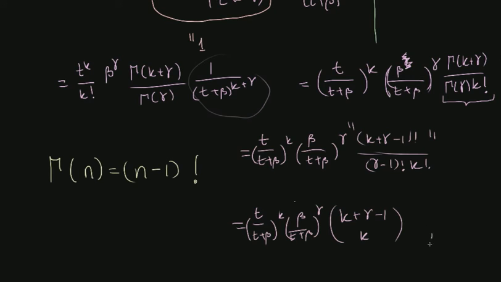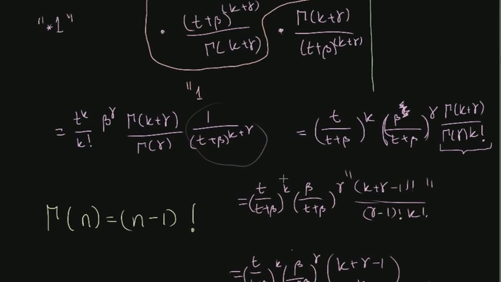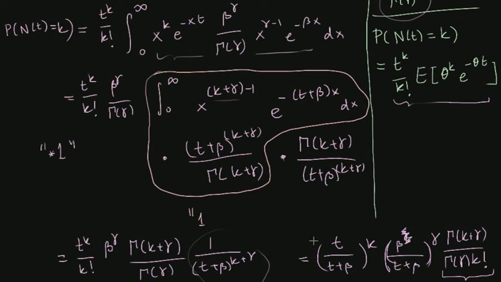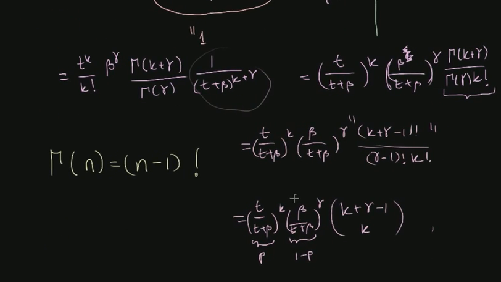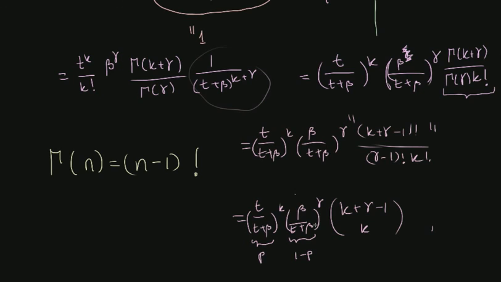And actually now we are done, because this is exactly the individual probabilities that you see in the negative binomial distribution. We can call t over t plus beta p, and then we can call this one 1 minus p, because you can see that they relate to each other that way. And so the answer to the question, why do we call the process a negative binomial process? Well, it's because the claim number at time t, N of t, is indeed negatively binomially distributed in a certain sense.